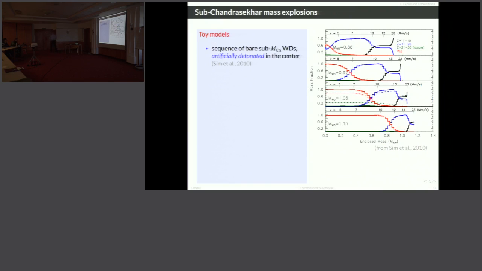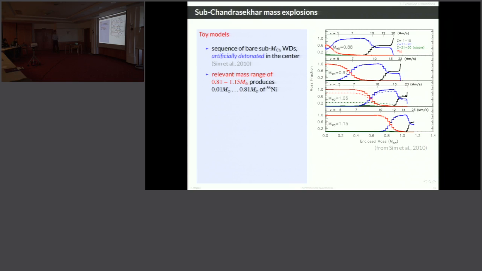Now this can be tested with toy models, so we set up a sequence of such toy models a while ago. The idea was to artificially detonate, from the center, sub-Chandra mass white dwarfs of various masses. We varied the mass between 0.81 and 1.15 solar masses, and this produces nickel-56 masses in a detonation that vary between 0.01 solar masses and 0.81 solar masses.